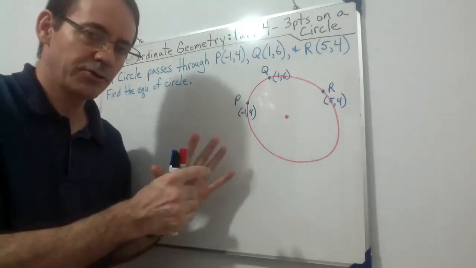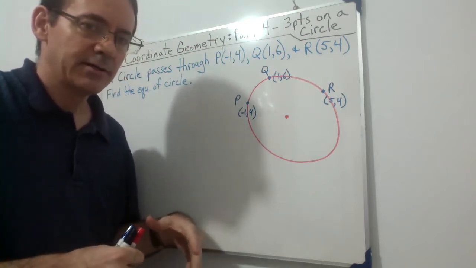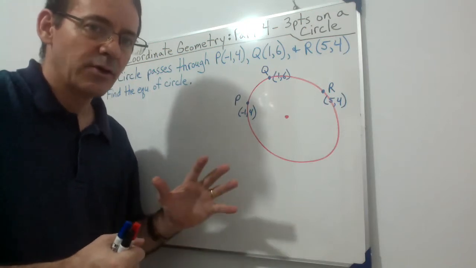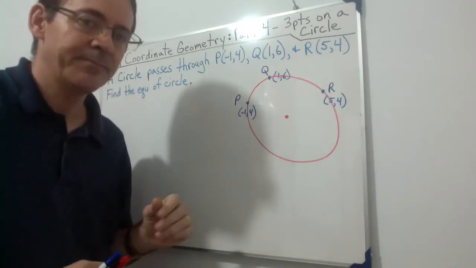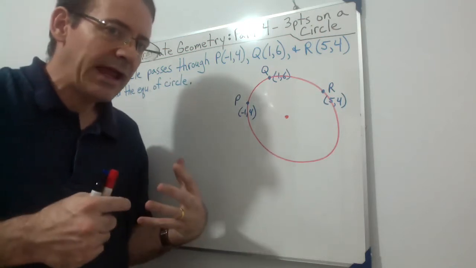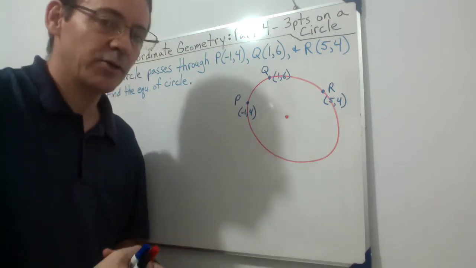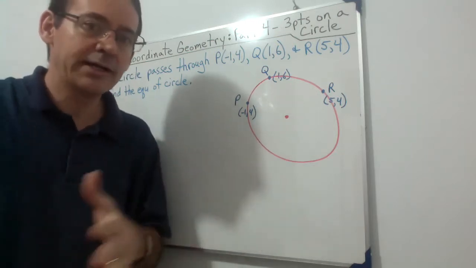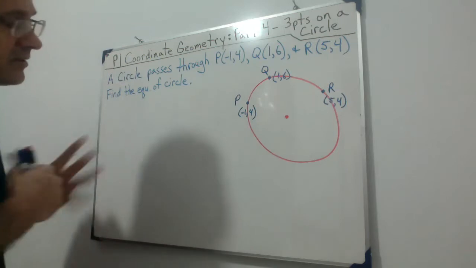I'm going to show you the more geometric version first, using what we learned in the linear part of coordinate geometry, and also in the second method, it will be more purely algebraic. So you can choose which one you prefer to do. And so let's get started.